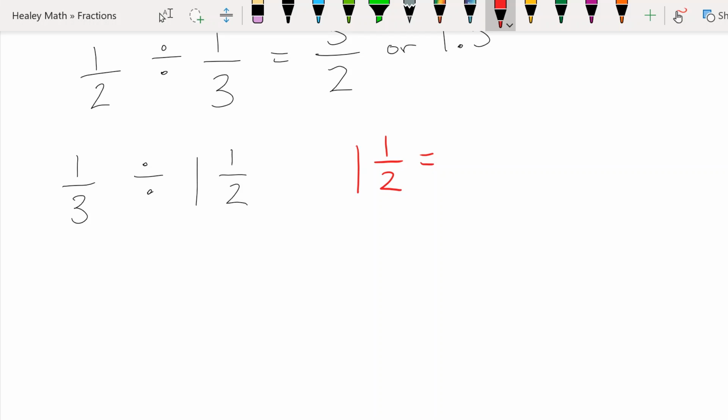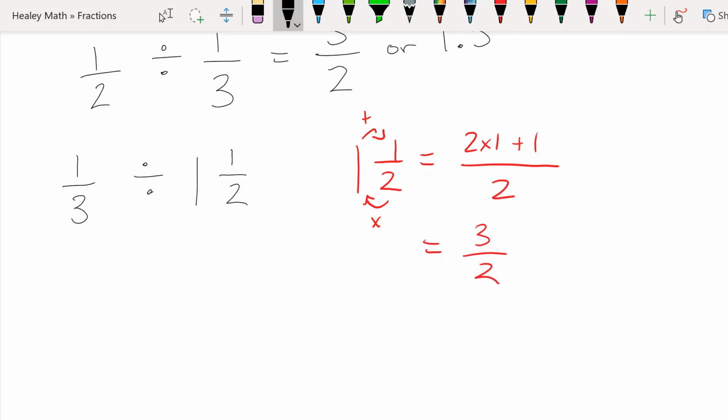So 2 times 1 plus 1. So we have 2 times 1 plus 1, and we keep the bottom number the same. And that equals 2 times 1 is 2 plus 1 is 3. So let's rewrite this fraction as 3 over 2. So we have 1 over 3 divided by 3 over 2.